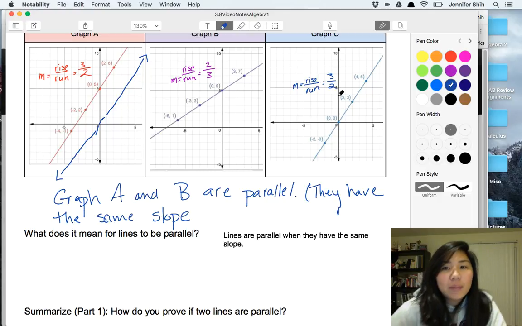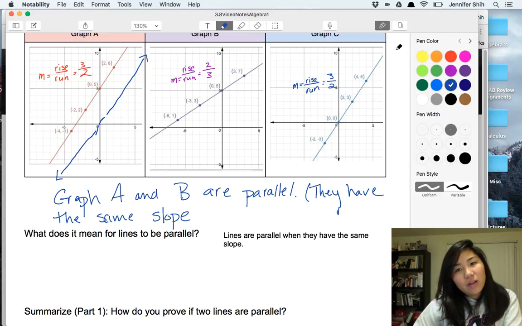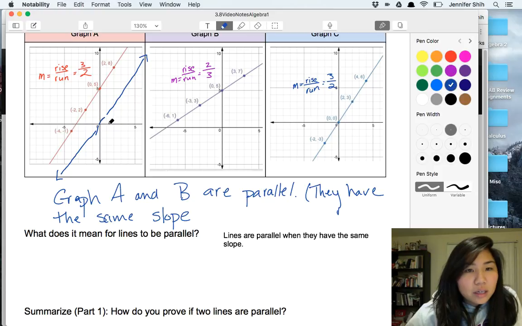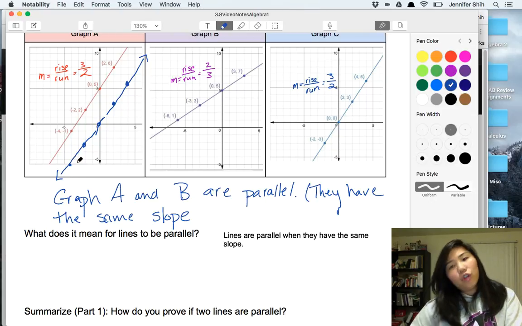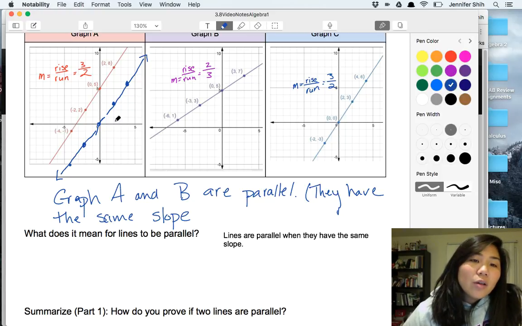I basically took this graph, C, and I plotted it. I got close. Okay, so I also put graph C on here.